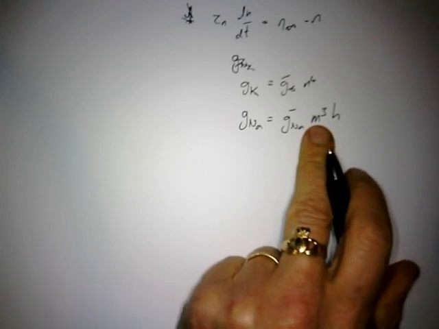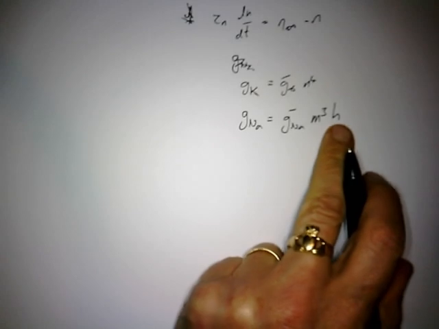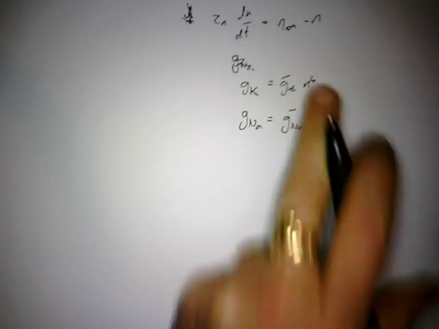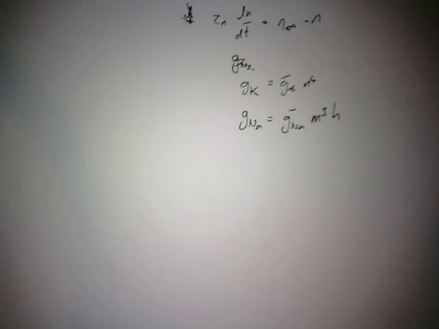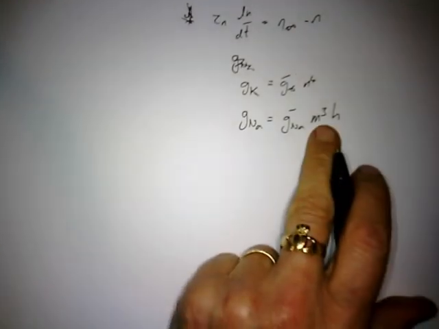There's the m gate, which people sometimes call the opening gate, and there's the h gate, which is the closing gate. Where the potassium has a fourfold symmetry, so it's invariant as you rotate it through pi over 2, the sodium has a threefold symmetry, so it's invariant as you rotate it through 2 pi over 3, and so it has the third power here.